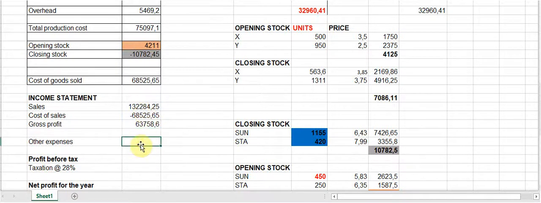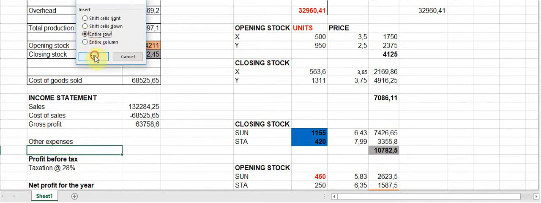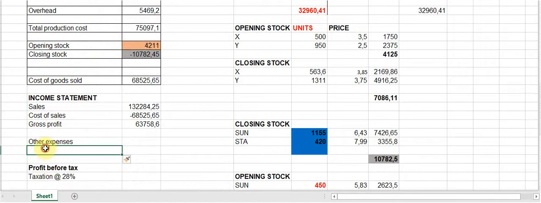Then the other expenses, they have given us other expenses in this question. So there were actually two of them. So let me just insert another row. The other expenses we had were our sales commission. And it was also some admin costs.